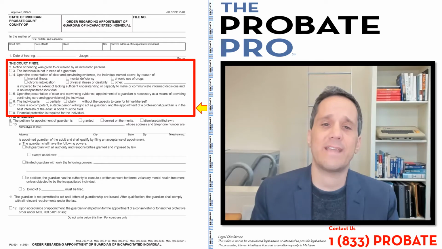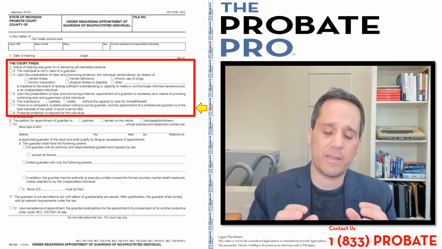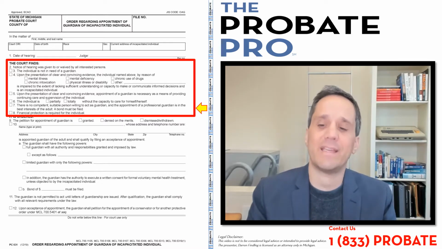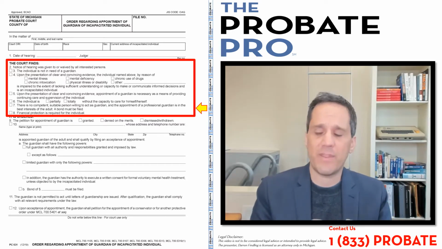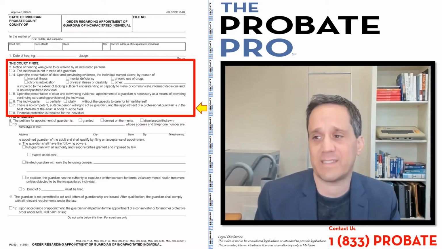Section 4 is a determination by clear and convincing evidence. This is the standard that's required in a petition for guardianship, that the individual that's reflected in the petition is in need of a guardian for the various reasons as set forth by the statute.